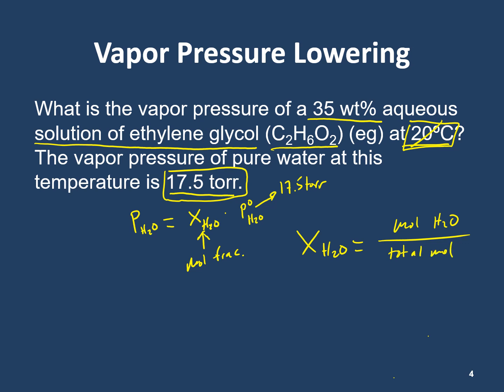Now, in order to get these two, I need to do some conversion because I know the solution is 35% by mass ethylene glycol. So I'm going to make the assumption that I have 100 grams of solution. And if I do that, that tells me that I have 35 grams of C2H6O2, ethylene glycol. I can calculate its molar mass and get moles of ethylene glycol.